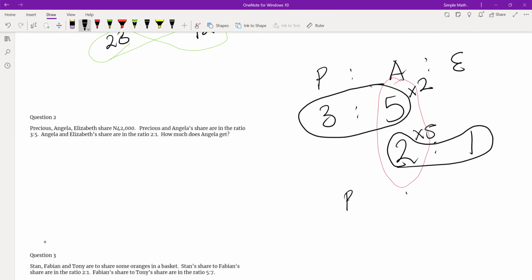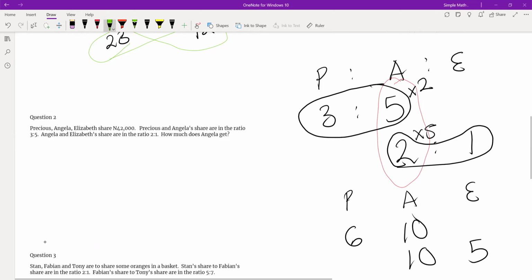So for P, A, E: 2 times 3 is 6, 5 times 2 is 10, 2 times 5 is also 10, and 5 times 1 is 5. So now we can combine. The combined ratio will simply be 6 ratio 10 ratio 5.